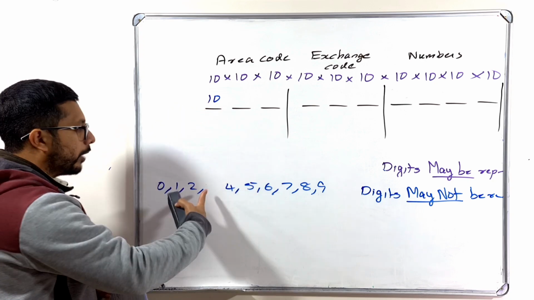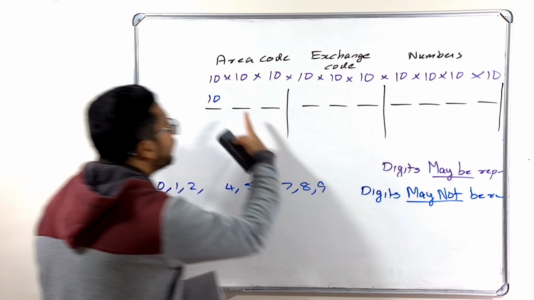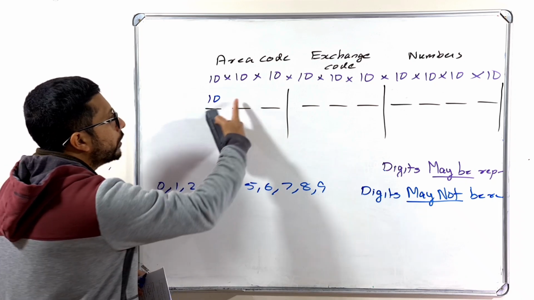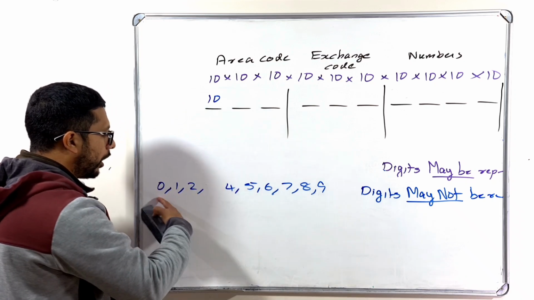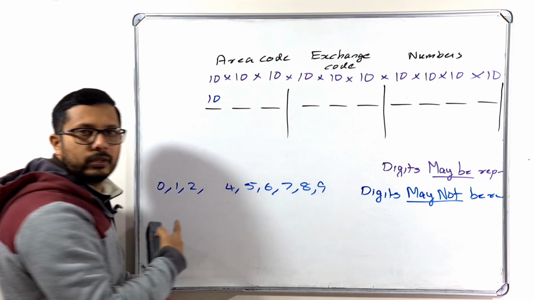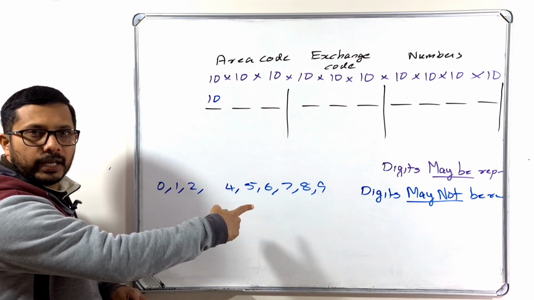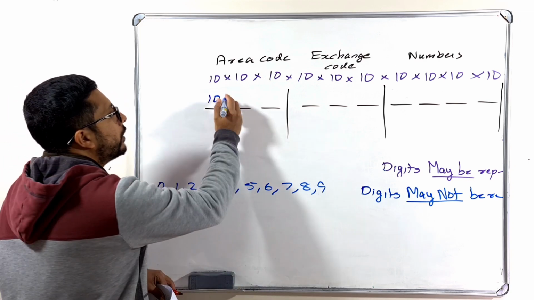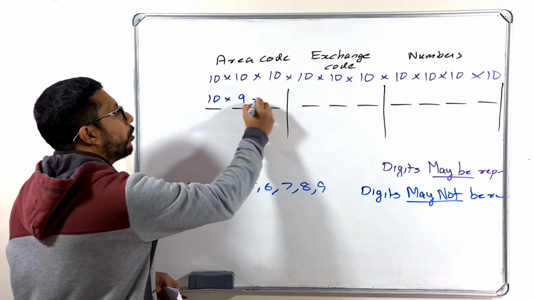So 3 is taken, and I'm not allowed to take 3 again here. You understand? So now for this position to be filled, how many numbers are there? 9. Am I right? For the second position, I have only 9 options.